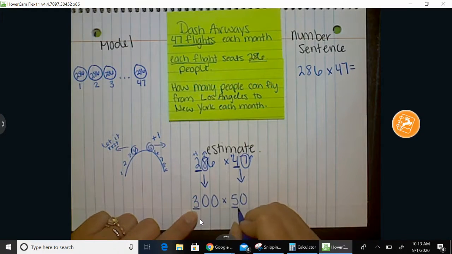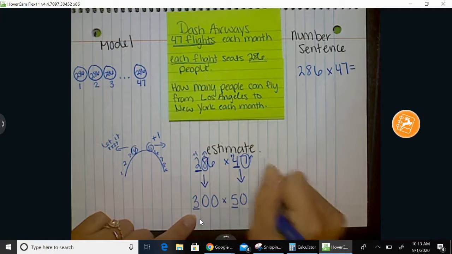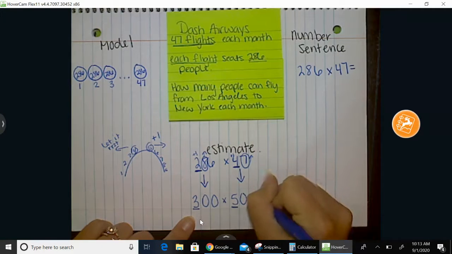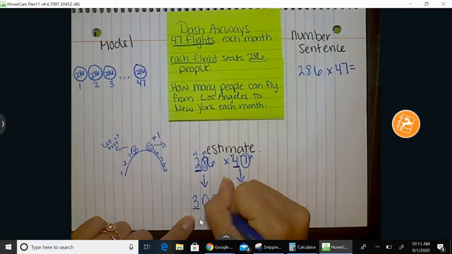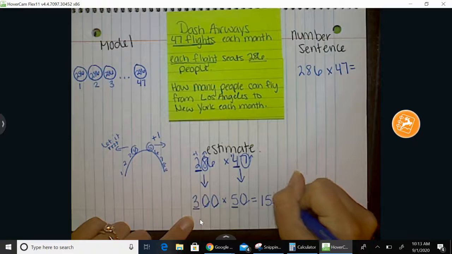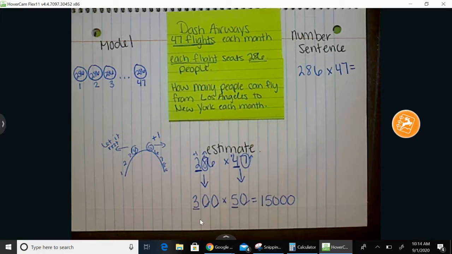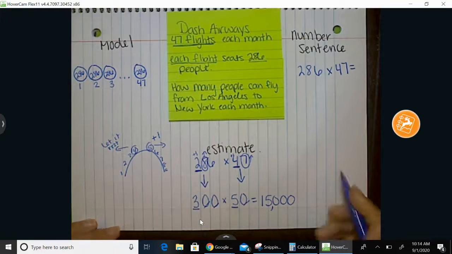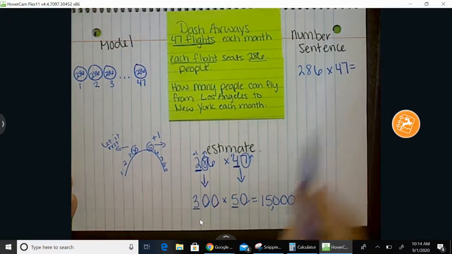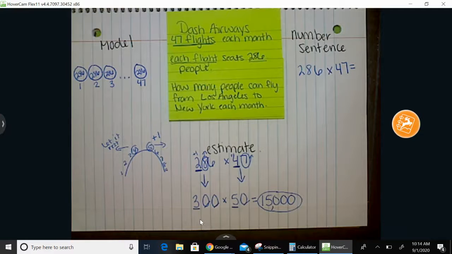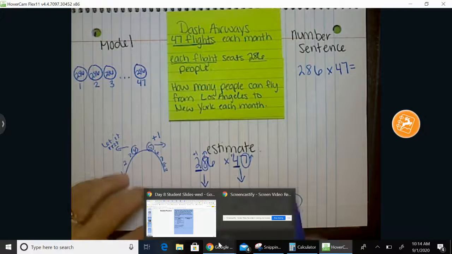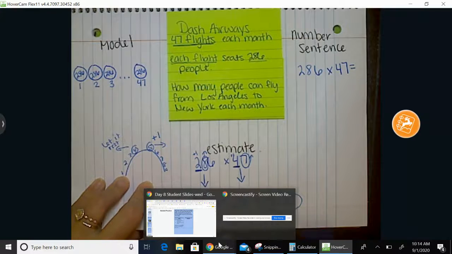I'm going to look at the front numbers, like 3 and 5. 3 times 5 I know is 15. And I'm going to add 1, 2, 3 zeros behind it. So that tells me when I do actually solve my problem, it should be somewhere close to 15,000. Remember, we estimate to make things easier, so make sure we're estimating before we actually try to solve for an actual answer.